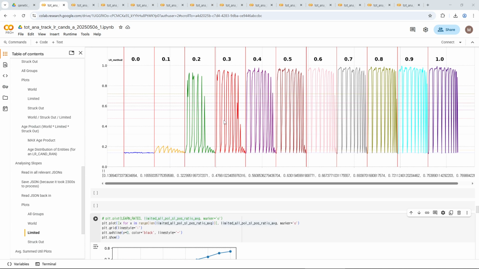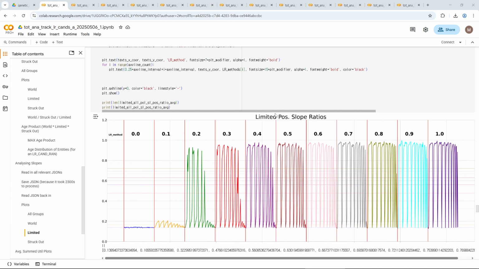But if you remember, the positive slope ratio is greatly exaggerated or inflated for the limited entities, because as the learn rate goes up, more entities get struck out and fewer entities get limited, and because there are fewer entities, it is easier to inflate the positive slope ratio, even though there may be the same number of entities with a positive slope.